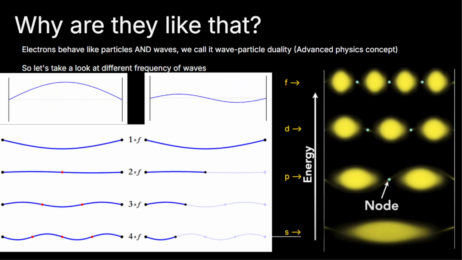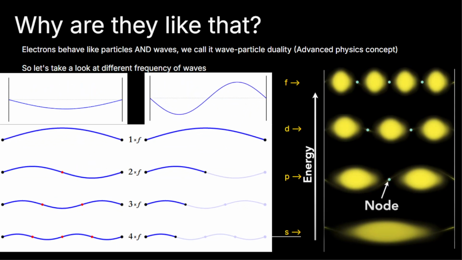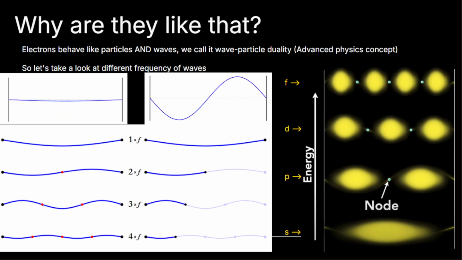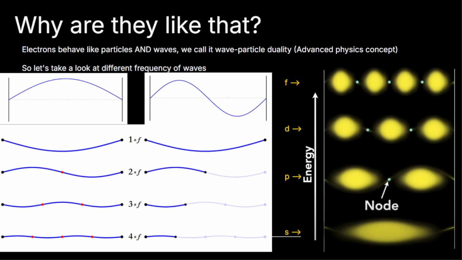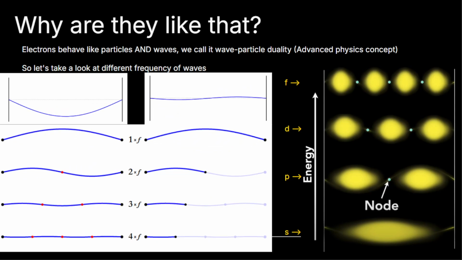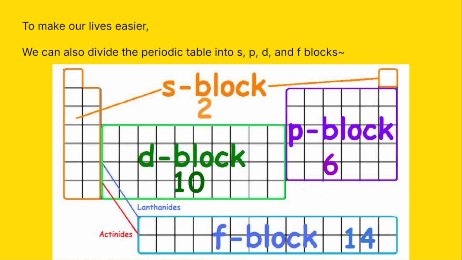So right here, the S orbital has no node, the P orbital has 1 node, and the node is the part that doesn't move when a string is waving, right? So that's not important. I'm just using this to explain it, but if you want to dive deeper into this, you can at your own time.